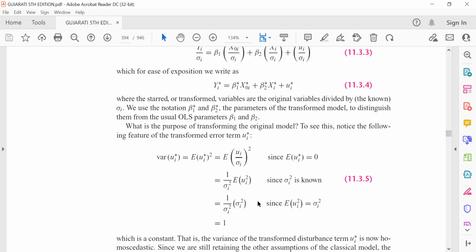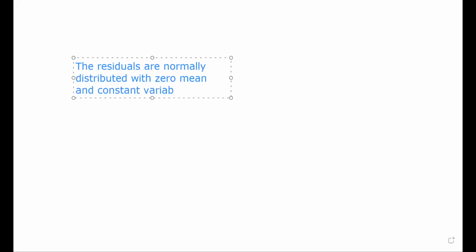Okay, in the beginning of our class, maybe you forgot, we have the assumption of normality. The residuals are normally distributed with zero mean and constant variance. Okay, constant variance.